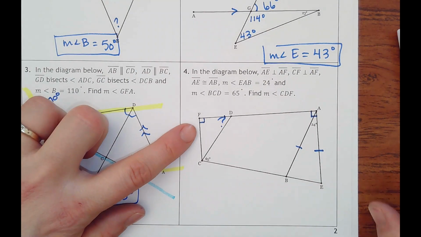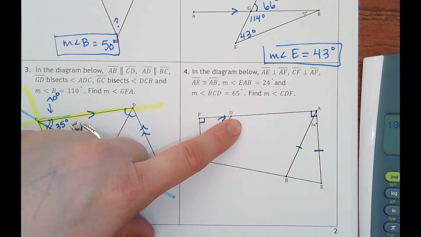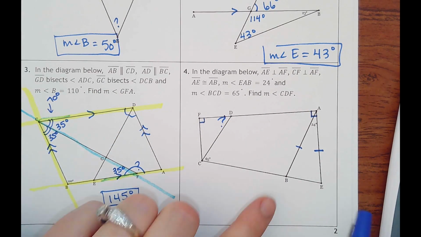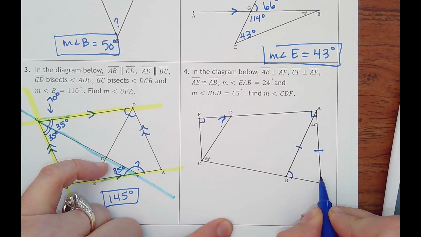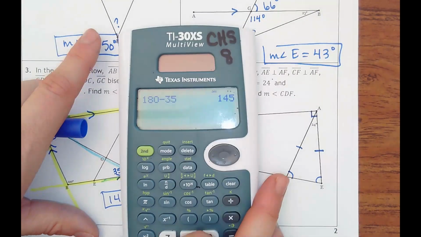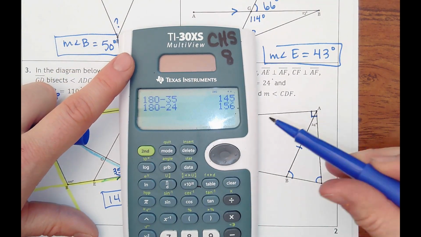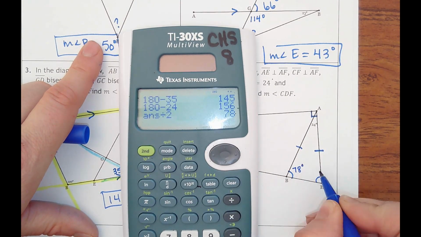All right, well, I see a right angle here. So if I could figure out that, I could figure out that. Or if I could figure out that, I could figure out that. Let's see. I've got an isosceles triangle again, where these two will be my congruent base angles. So if I were to take 180 for my triangle minus the 24 angle here, 156 divided by 2 means each of these are 78 degrees.